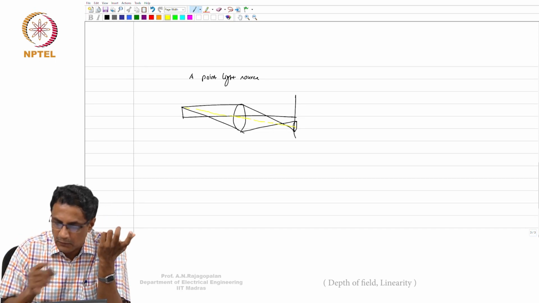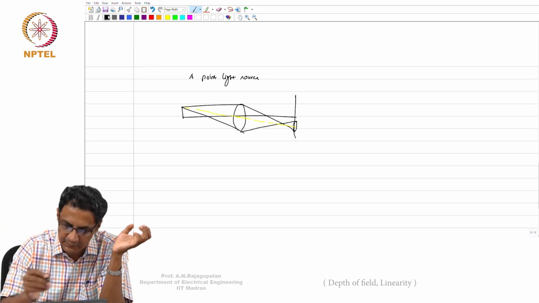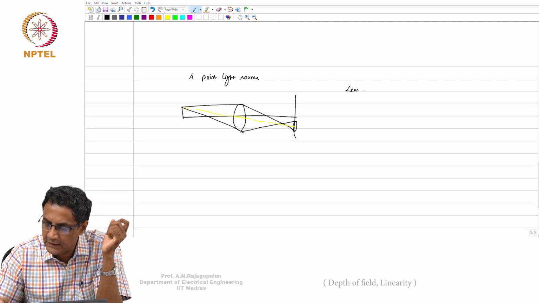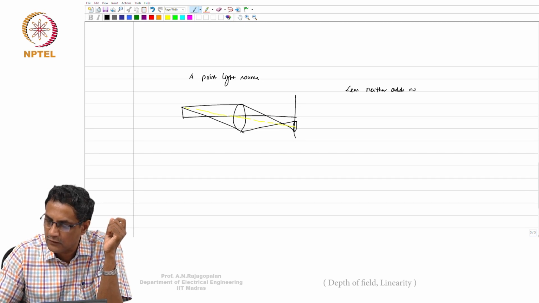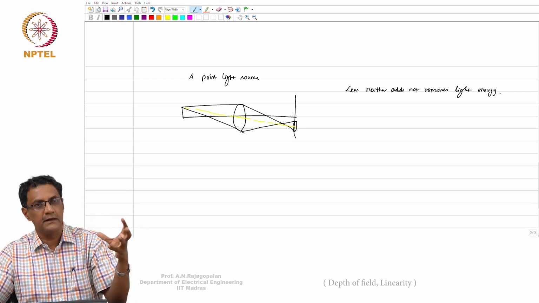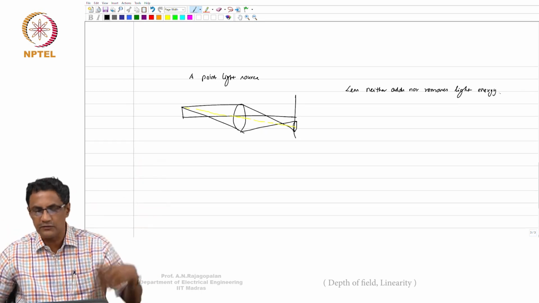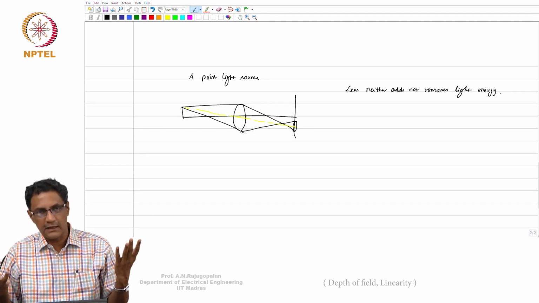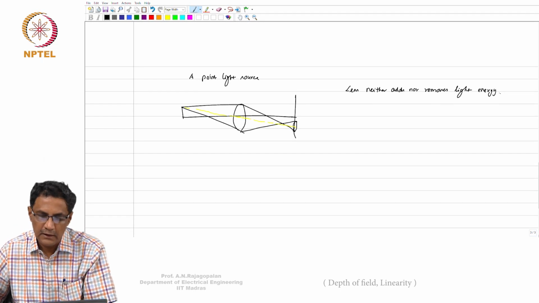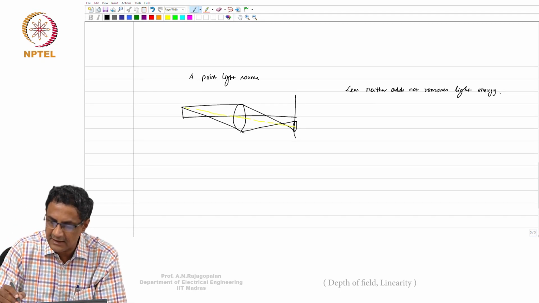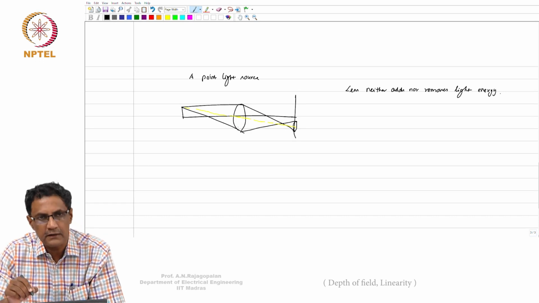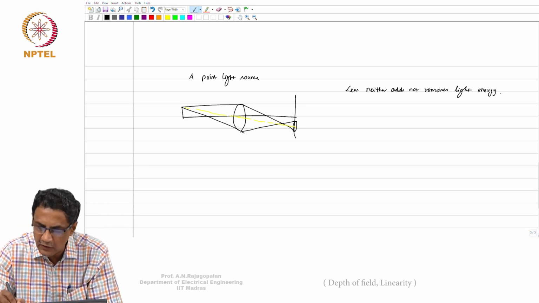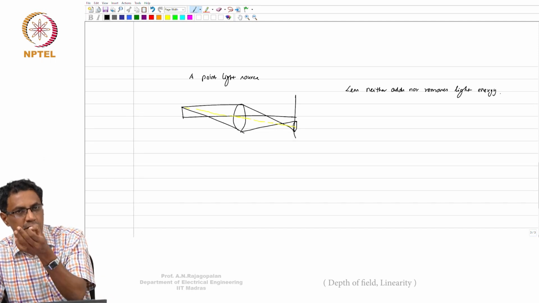Now, what do you see? One of the things is that a lens by itself neither adds nor removes light energy. Because whatever enters, it will completely focus, or it will spread into a circular confusion, and it by itself does not hold anything back. Whatever is coming in, it's just throwing it all out. And because of this, you can imagine that if instead of a lens you had a pinhole, and you saw some intensity there, that would have been a point in focus with some intensity.